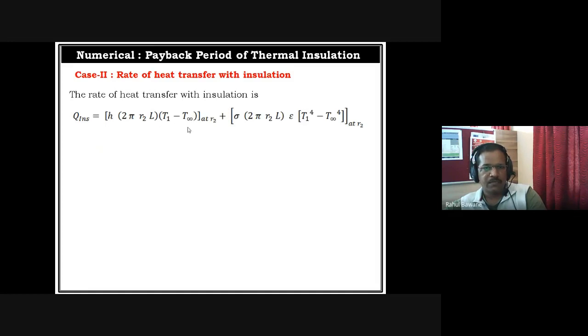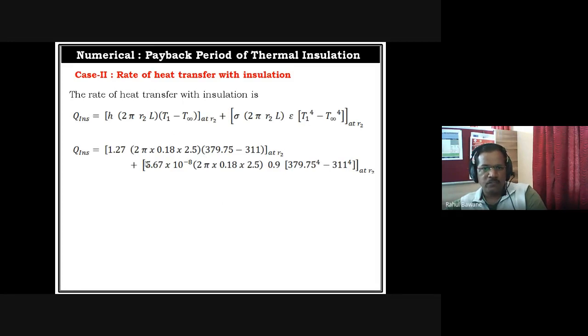So this will be the convection part at radius R2. Same way at radius R2, what is the radiation part? So sigma, 2 pi R2 L, emissivity, T1 raised to the power 4 minus T infinity to the power 4, where T1 is the temperature of the outer surface of insulation.